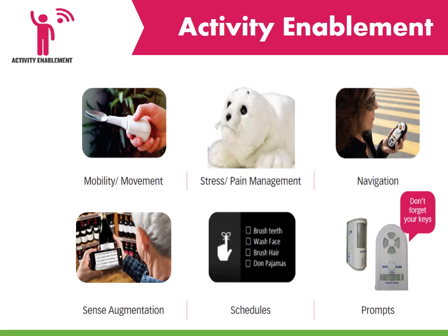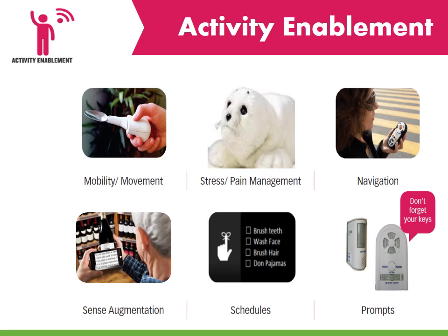Navigation options can provide auditory or vibration feedback for someone who may have a vision impairment and assist them to navigate their environment. Sense augmentation devices help someone with a vision or hearing impairment to better manage and complete activities within their environment, such as a reading aid, hearing aid, or magnification options.